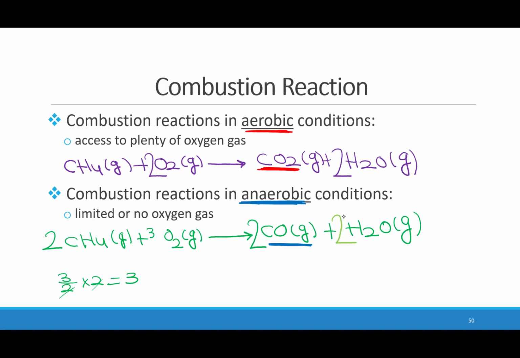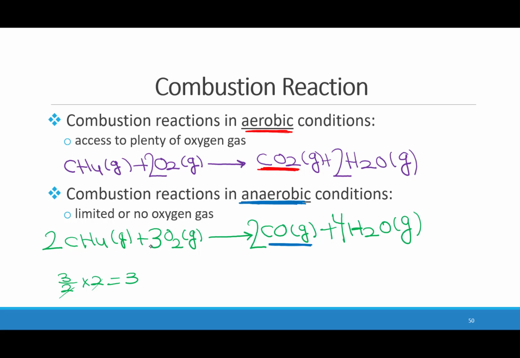And 2 times 2 is 4. That's why I have these coefficients. And as you could see, I have 2 carbon on each side, 6 oxygen on each side, and 8 hydrogen on each side.